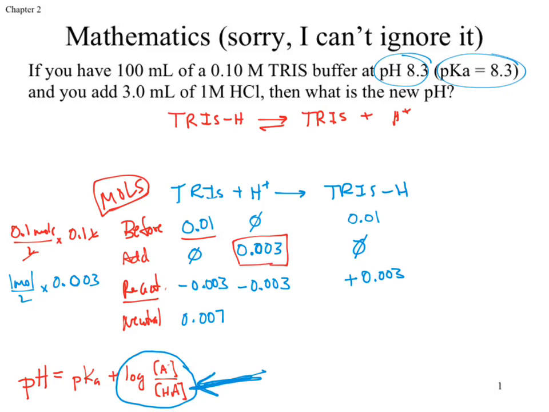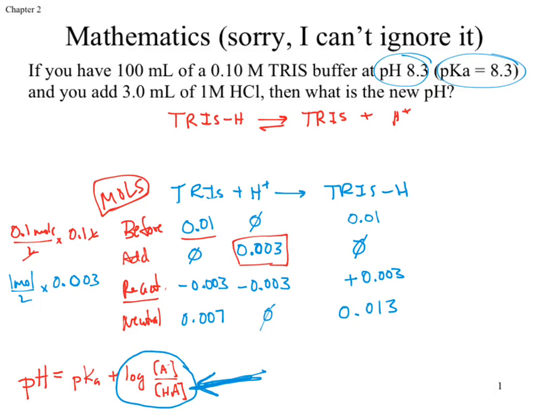That one comes out as 0. And then our Tris H will be 0.013. What are the units on those? Moles.